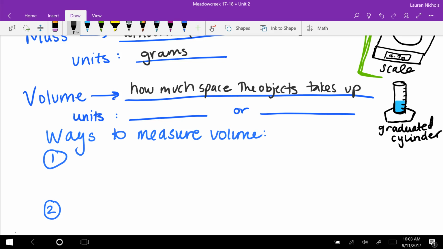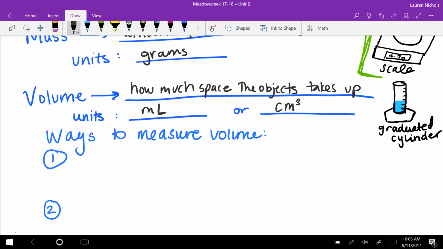Now, the volume units, there are 2 of them, which we saw in density. One could be milliliters, which is used when we are using a graduated cylinder and we're measuring either volume of a liquid or volume of an irregular shaped object, or centimeters cubed.